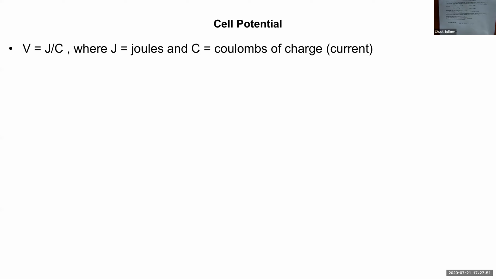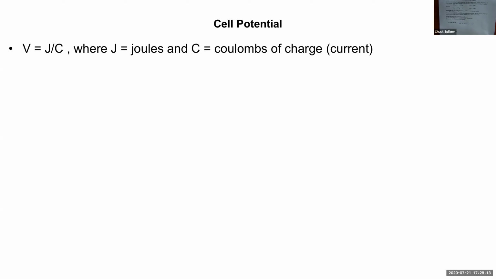But chemistry uses joules and calories. And the volt is defined as joules per C. That capital C is not Celsius. It's not a temperature. It stands for coulombs. And a coulomb is a unit of charge, excuse me, not current.